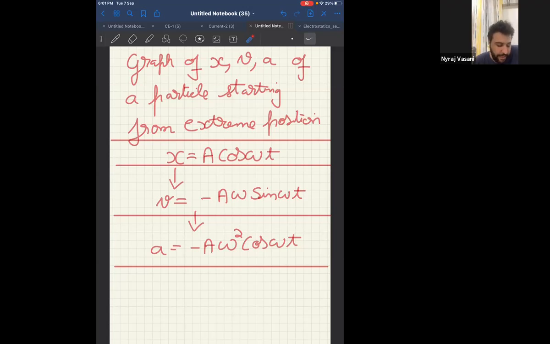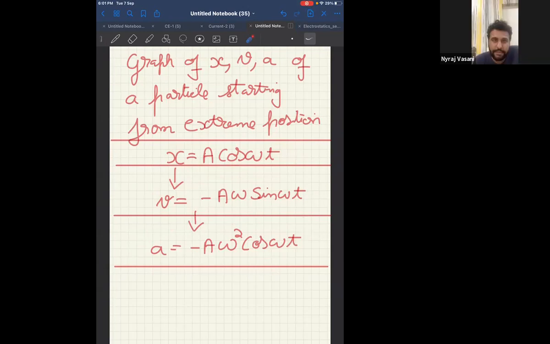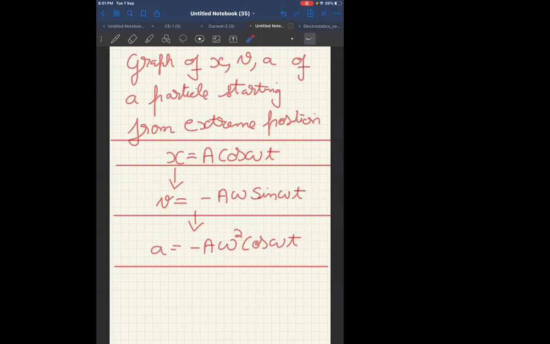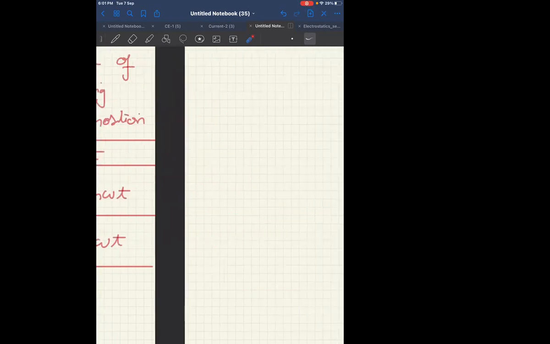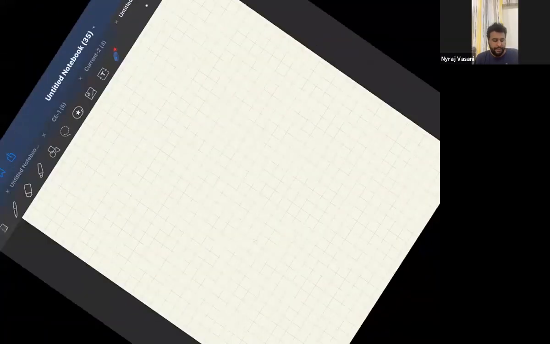X is equal to A cos omega t, V is equal to minus A omega sin omega t, and acceleration is equal to minus A omega square cos omega t. Correct? Now, can we make a table? So I will make a table. You tell me whether you're getting it.